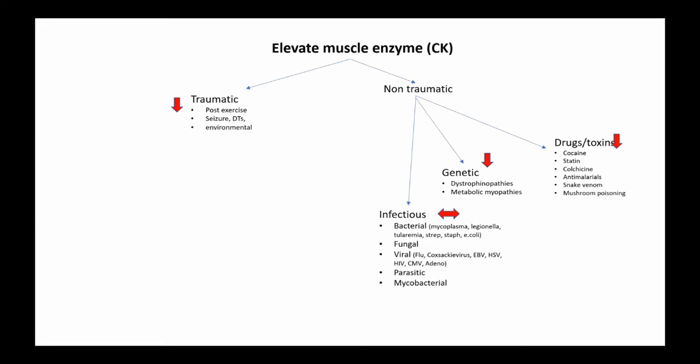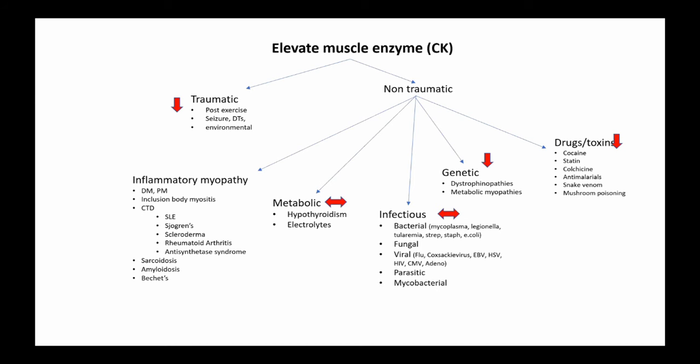But again, it's hard to rule out at this point, especially if it's not related to her organizing pneumonia. Other causes, metabolic, her electrolytes look fine, so that's less likely. Potentially hypothyroidism. We don't have a TSH, it would be nice to have, but hypothyroidism can cause elevated CPK, although rare. And then here we go, the inflammatory myopathies.